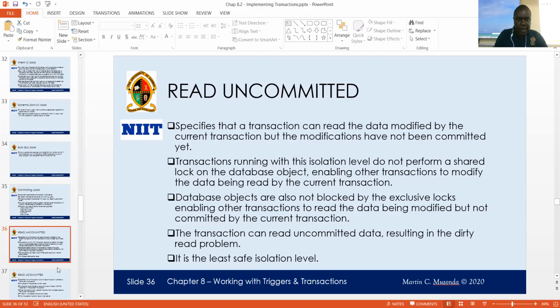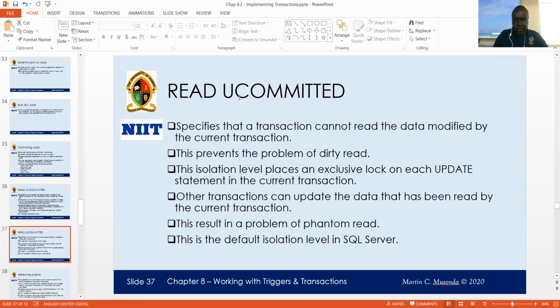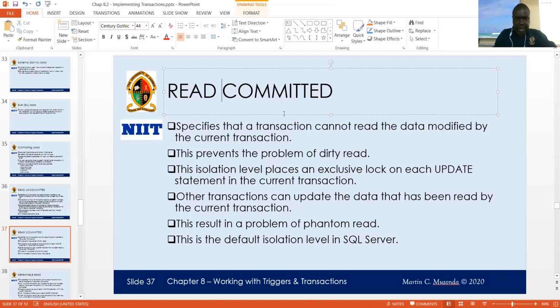The second one is read committed. Read committed specifies that a transaction cannot read the data modified by the current transaction. This prevents the problem of dirty read.